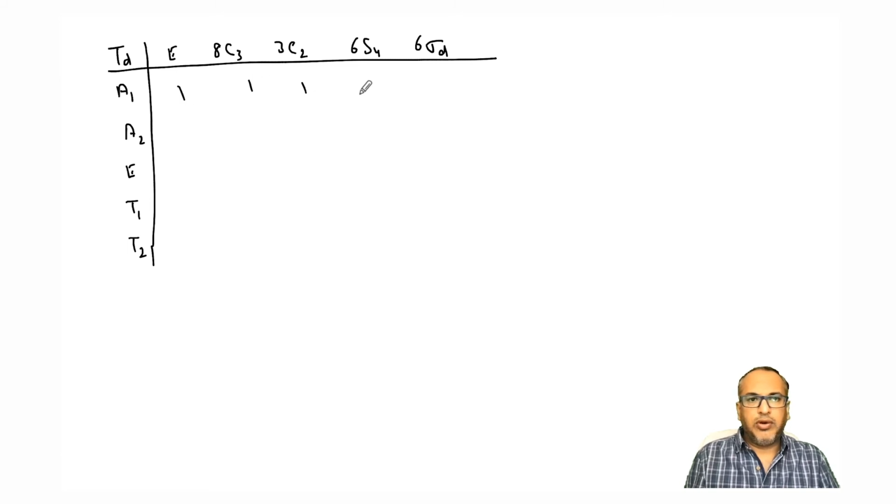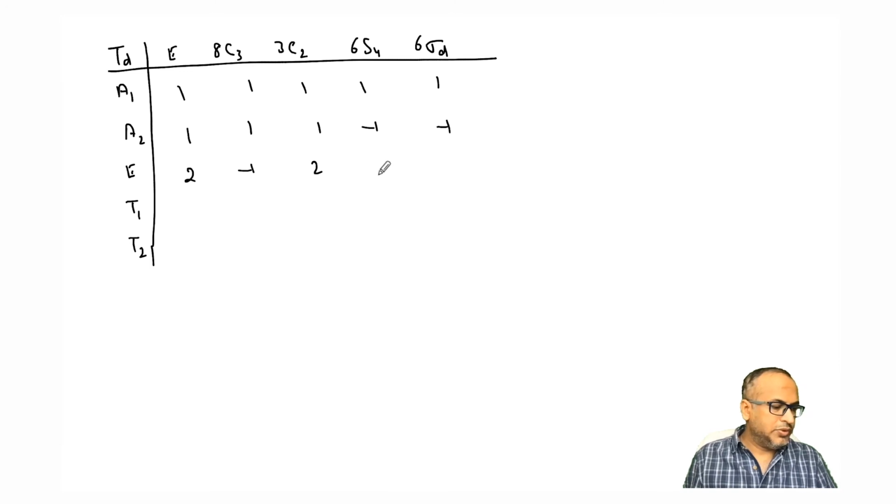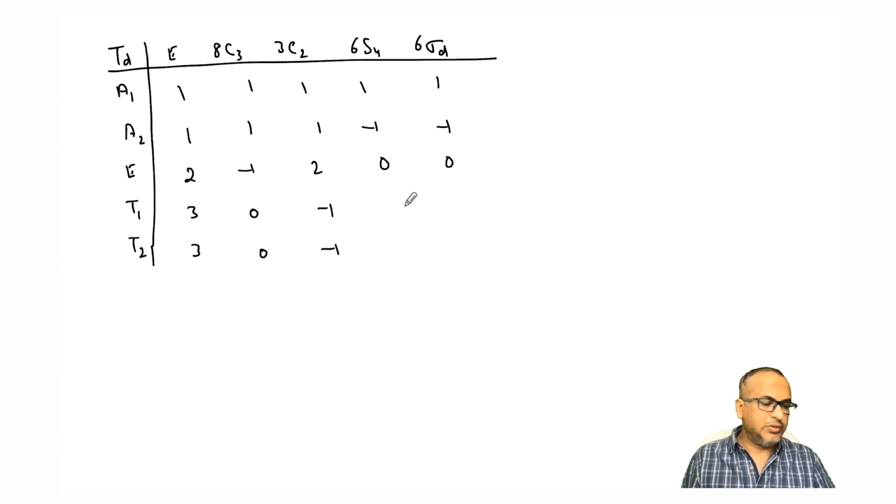So A1 is all ones. Then A2 will be 1, 1, 1, minus 1, minus 1. E is 2, minus 1, 2, 0, 0. T1 is 3, 0, minus 1, 1, minus 1, and T2 is 3, 0, minus 1, minus 1, 1.